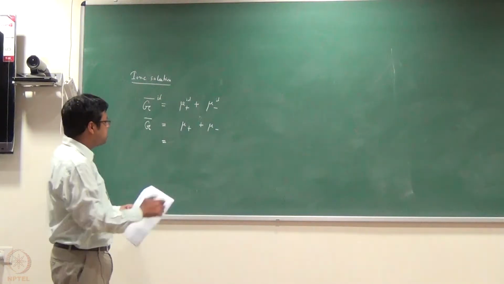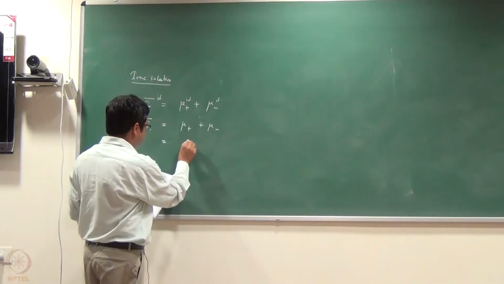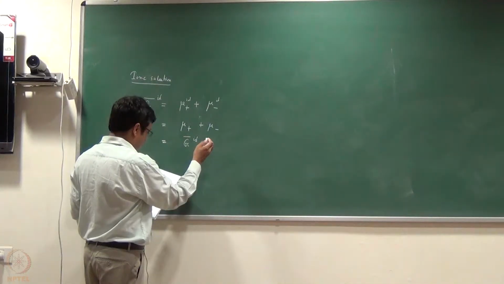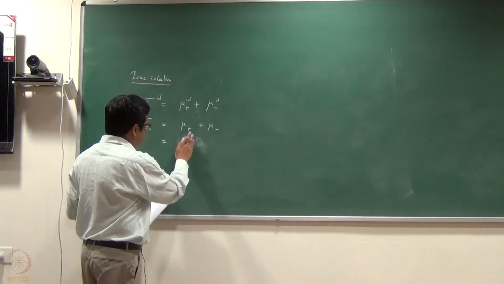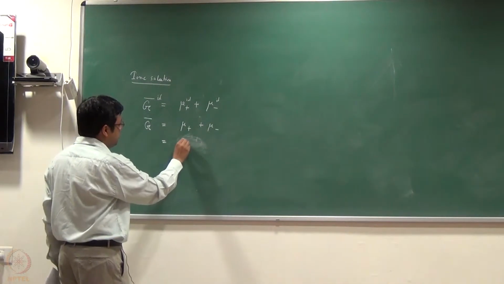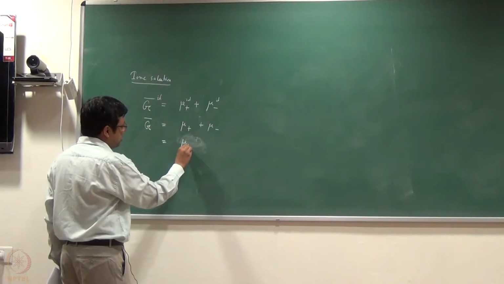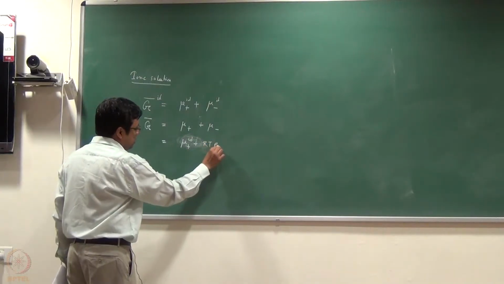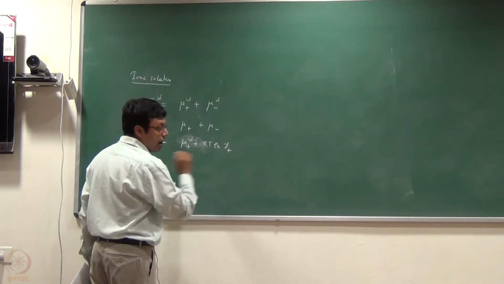So I am writing it as something like G bar ideal plus, or maybe just write one more step. Mu plus is nothing but mu plus ideal plus RT ln gamma for the cation.